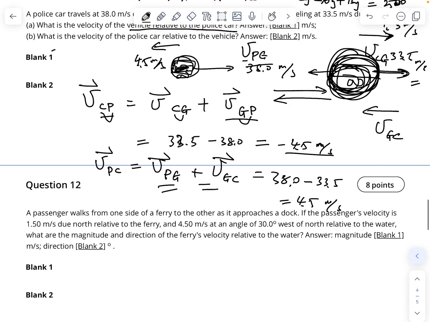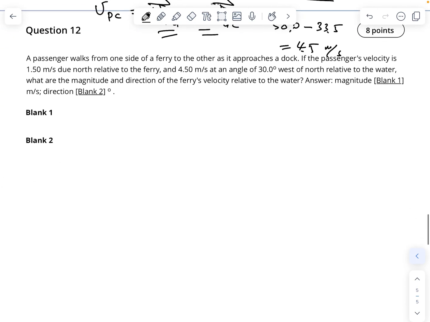Okay, all right, last one, 12. A passenger walks from one side of a ferry to the other as it approaches a dock.